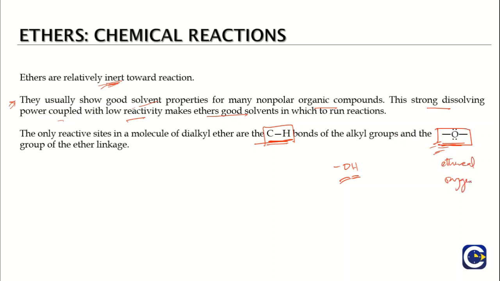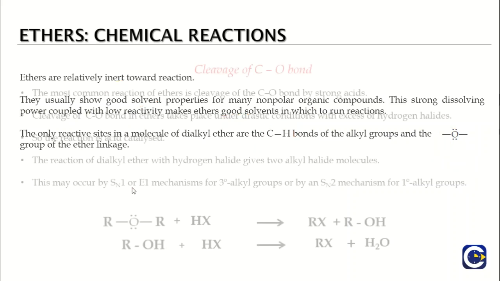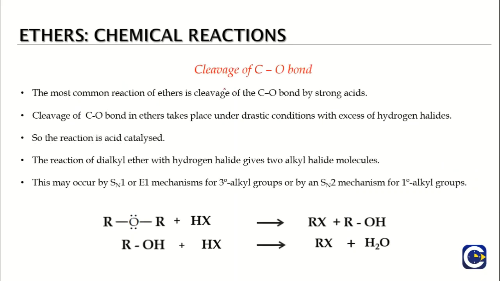This ethereal oxygen can be made reactive. So these two sites are reactive, which we can make reactive towards particular reactions. In some specific conditions, the ethers can be reacted. They show some reactions. One of the most popular and common reactions is the C-O bond cleavage.